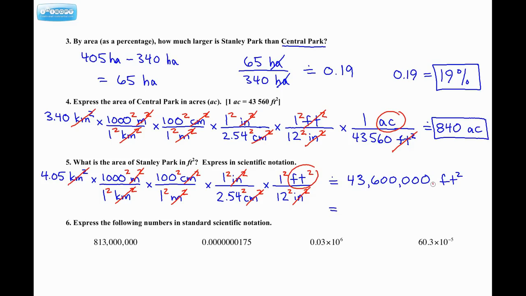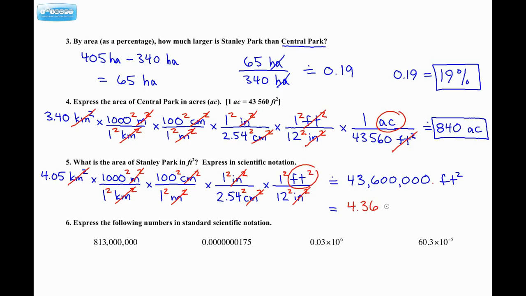This is going to travel 1, 2, 3, 4, 5, 6, 7 places, and I'm going to stop there because the number that I have is between 1 and 10. So this is going to be 4.36. Now how many times did I shift it?